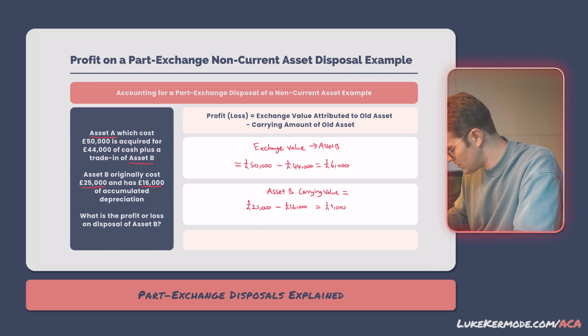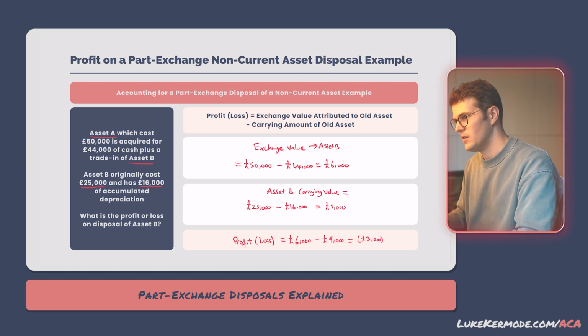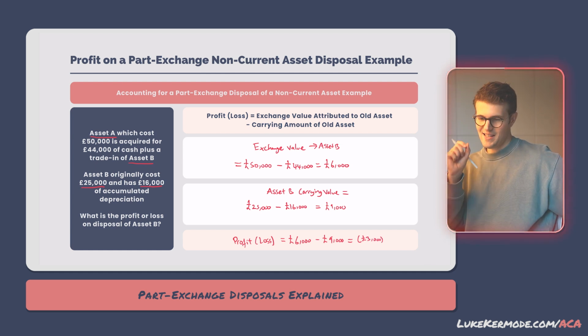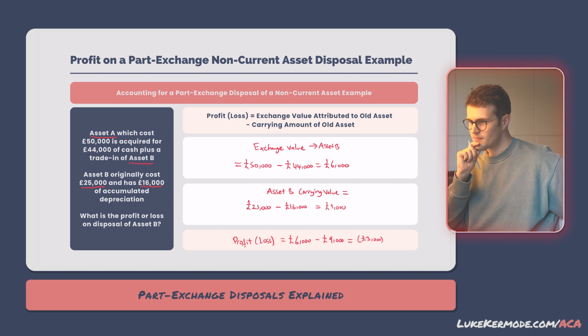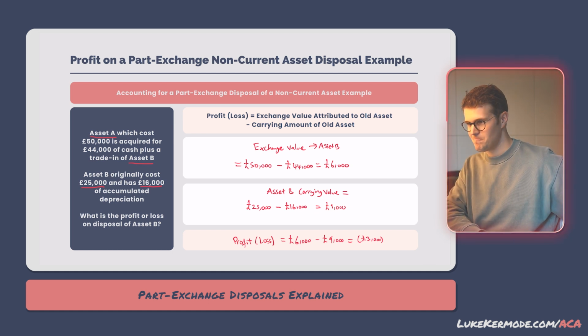So therefore, the profit or loss on disposal is equal to the exchange value of £6,000 less the carrying amount of £9,000. So we have a loss equal to £3,000. That means the business made a loss on the disposal, and that loss will be recorded in the income statement as part of administrative expenses.